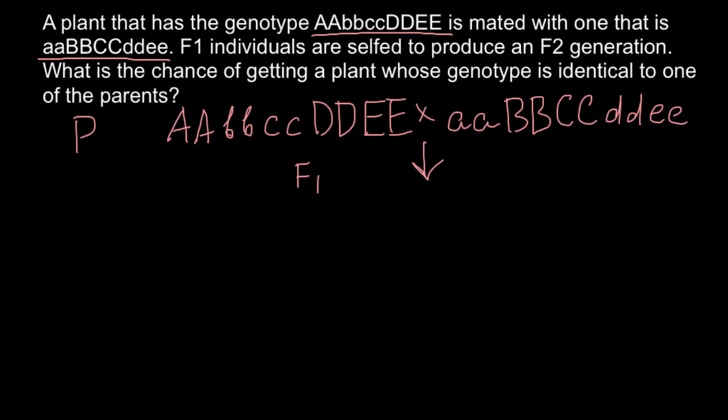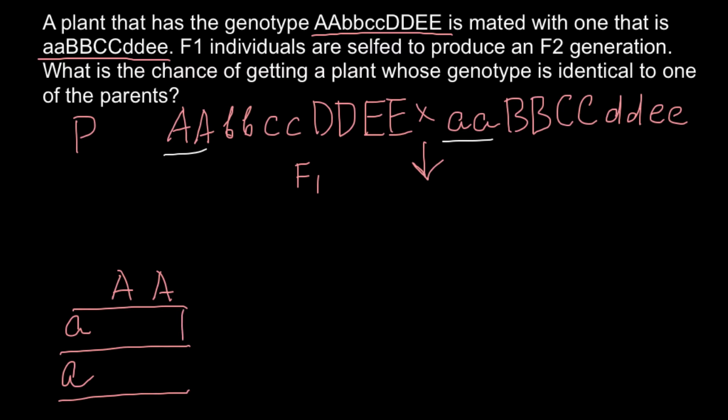For example, parent 1 is going to be homozygous dominant for the gene A, and parent 2 is going to be homozygous recessive for the gene A. So when we build a Punnett square, as you see, there is only one variant possible for such progeny: all the progeny are going to be heterozygous.